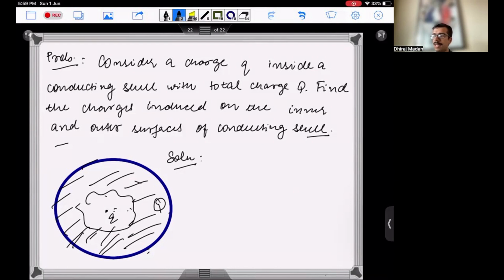The idea is that, as before, I construct a Gaussian surface which passes through the conducting medium. Then the net charge enclosed in the surface must be zero, because the integral of E dot dA is zero.